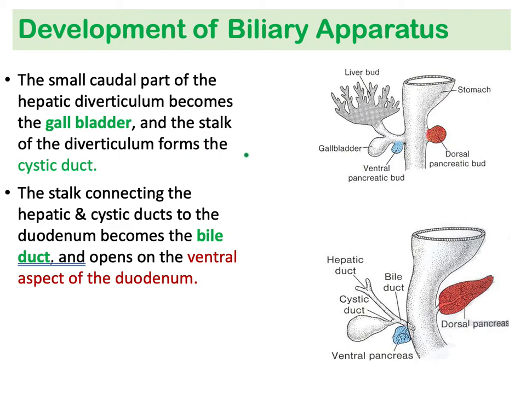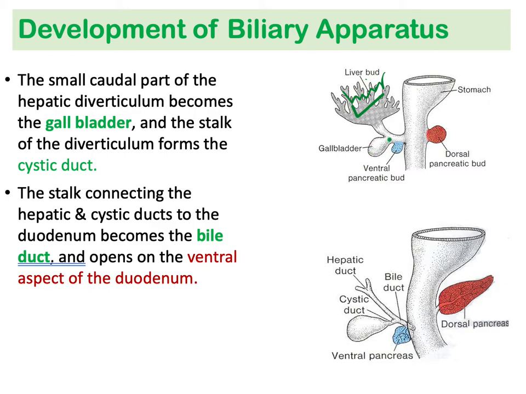Now, to the small caudal part: we mentioned that the septum transversum divided the hepatic diverticulum into two parts, the cranial part, which gives the liver, and the small caudal part that forms the gallbladder and cystic duct.